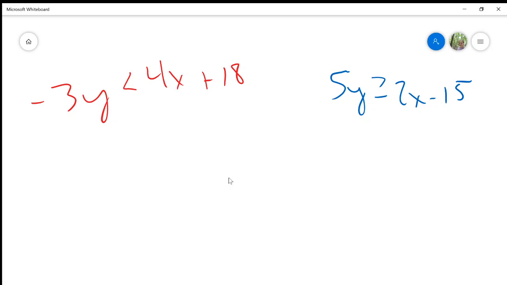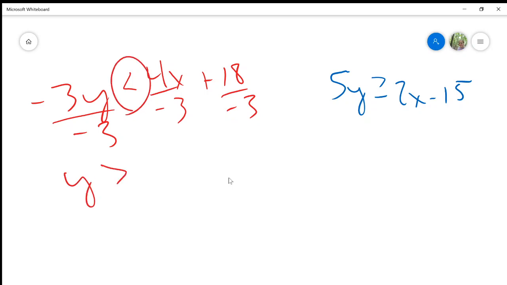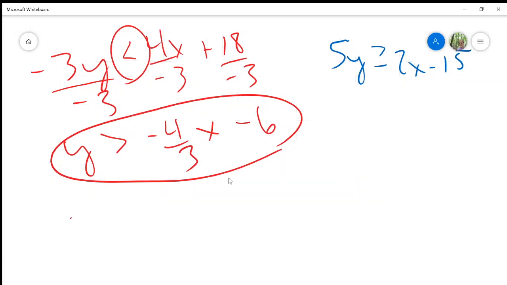Okay, so over here the y is already by itself, and so I need to divide everything by negative 3. That will give me y. Remember, when you divide by a negative, you have to flip the inequality symbol. My slope will be negative 4/3 x, and 18 divided by negative 3 is negative 6. So here's my slope-intercept form of the first one. My slope is negative 4/3, and my intercept is 0, negative 6.